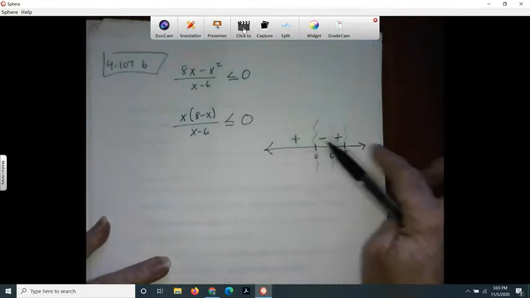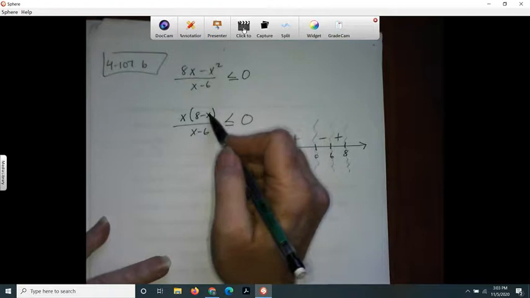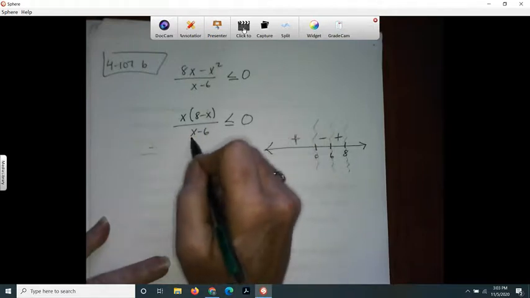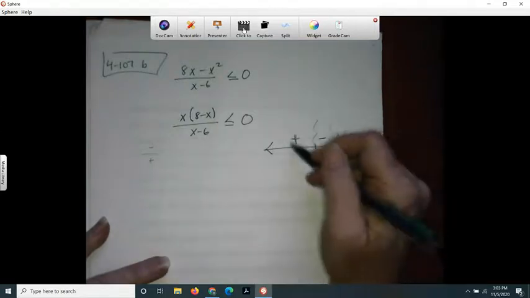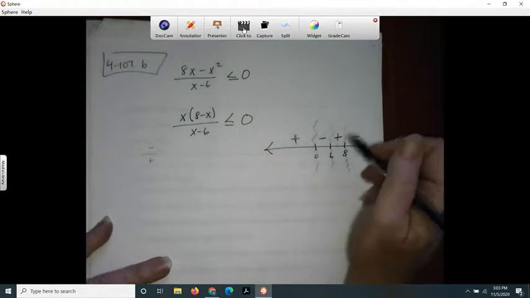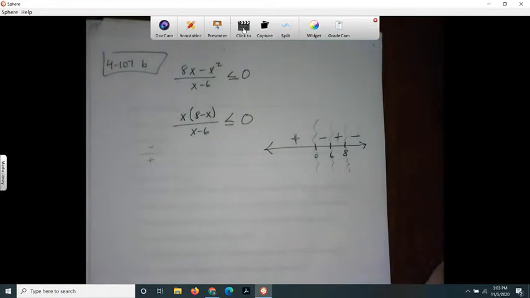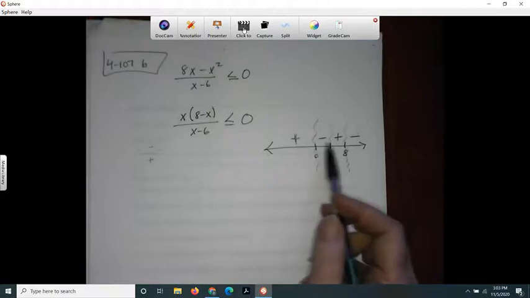So that's going to make this positive, that's going to make this negative, and this positive. And that's kind of typical. Sometimes a polynomial will bump. It'll have like a double factor in it, but we can see that it isn't. But anyway, so there's regions that are positive and regions that are negative, and we have them all identified now.